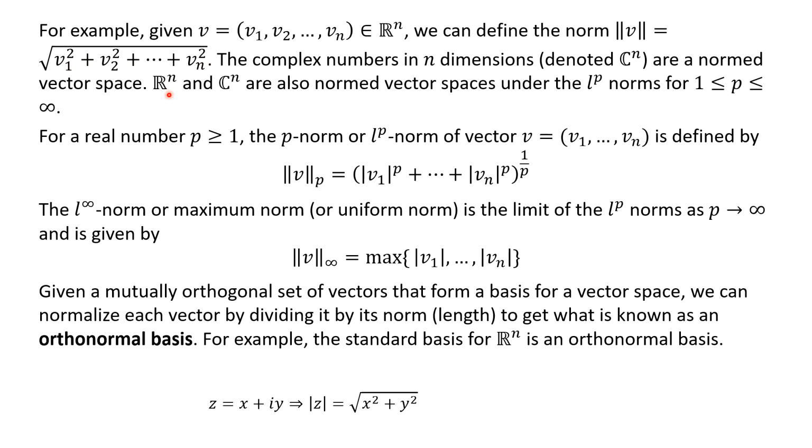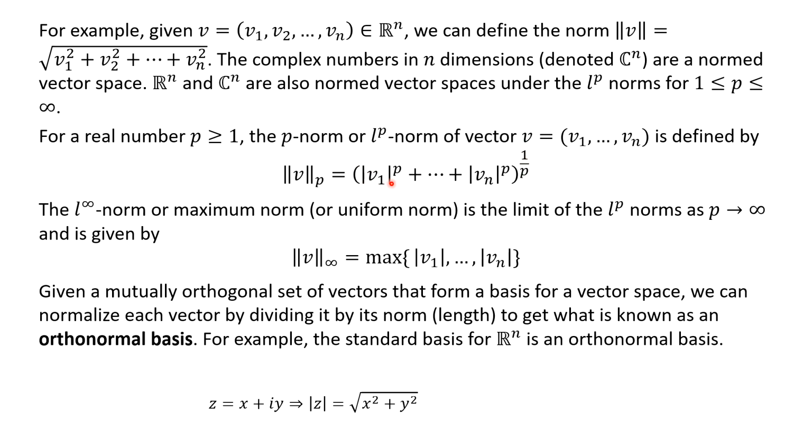We also have what are called the Lp norms that can be used as a norm for Rn and Cn, with p going between 1 and infinity. The Lp norms are defined here. It's just the absolute value of each component raised to the p power, and then you sum those together and raise the whole thing to the 1 over p power.